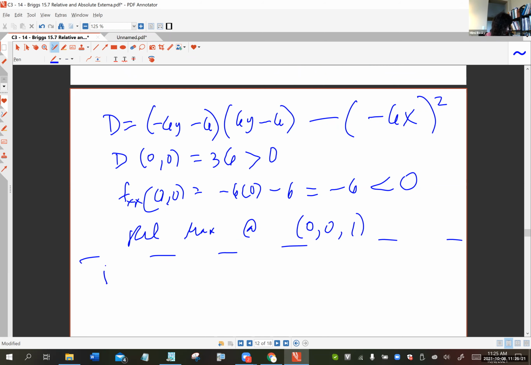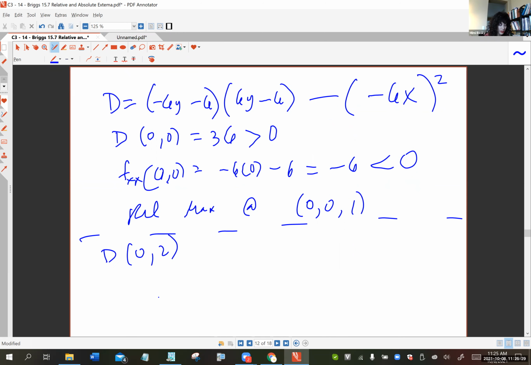And then if you go D evaluated at (0, 2), what happens? So when you plug (0, 2) into this situation, you're going to get what? Negative 6, negative 6 minus 0 again.